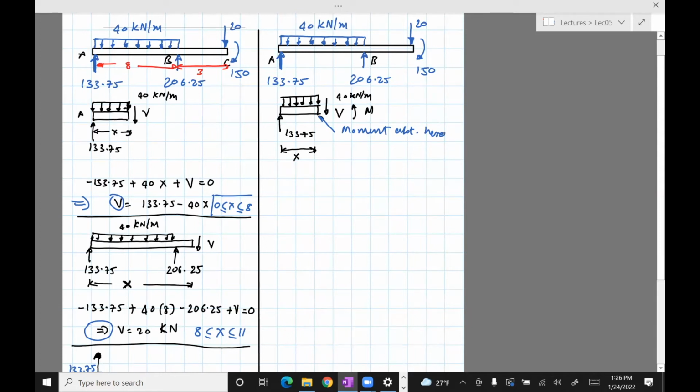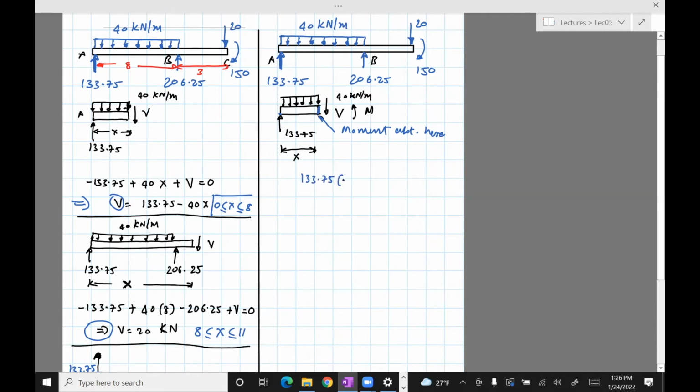I'm taking moments about this point because I really don't want B to appear in the equations. But if you want to take moments about the other point, you'll have to put in the value for B based on the shear force diagram and then solve for the moment, which is absolutely fine, and it'll give you the same answer.